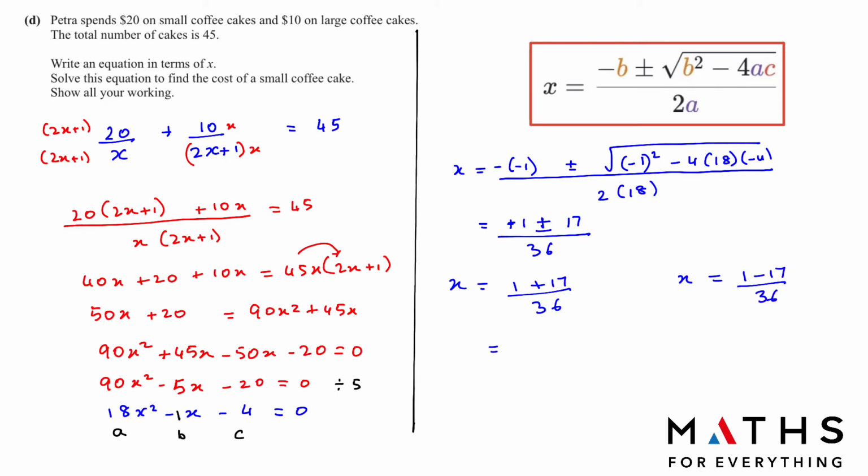As we have a plus and a minus here, one time you take plus, one time minus. These are the answers we will get. Money cannot be negative, so this is rejected. Therefore, the value of a small coffee cake is $0.5.